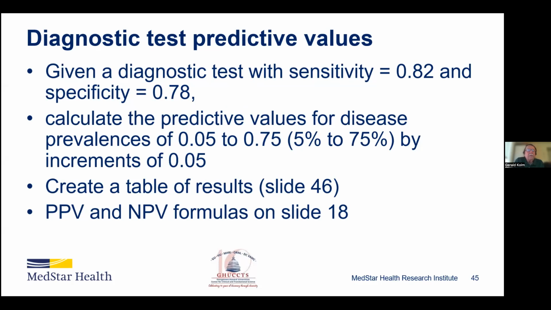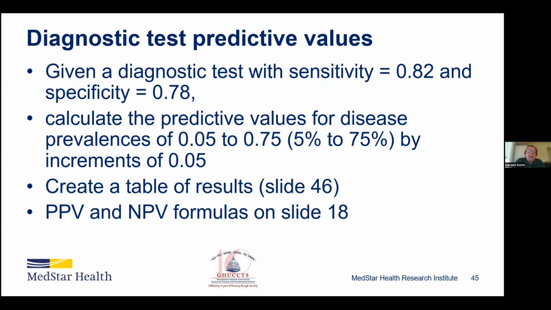Then you calculate the predictive values, both the positive and negative, for different disease prevalences. And so what I've indicated here is to look at prevalences from 5% to 75% in increments of 0.05.